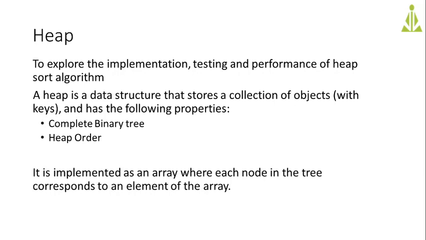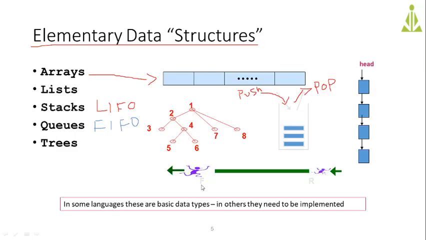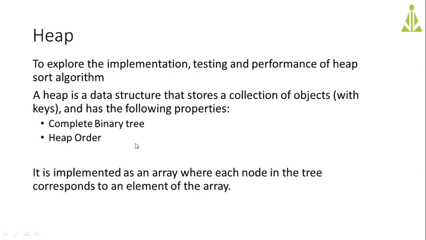A heap is also one type of data structure, like array, list, stack, queue, tree, that stores a collection of objects with keys and has the following properties: complete binary tree and heap order.